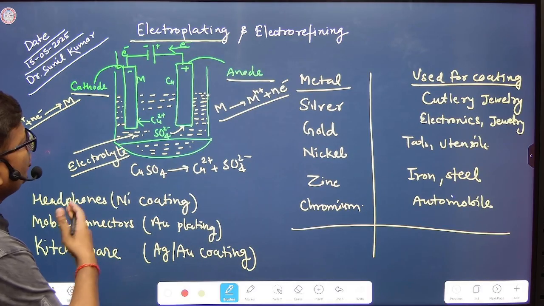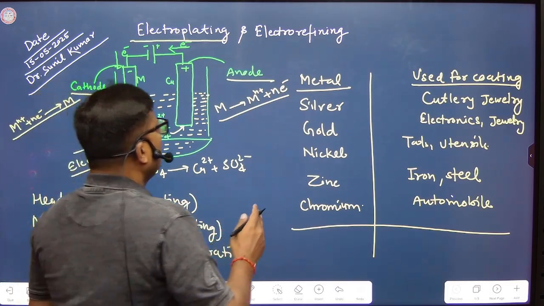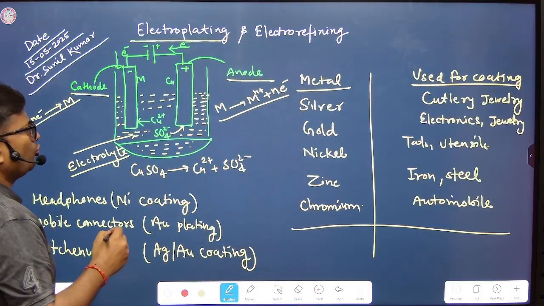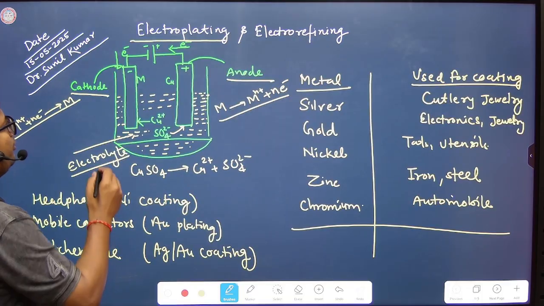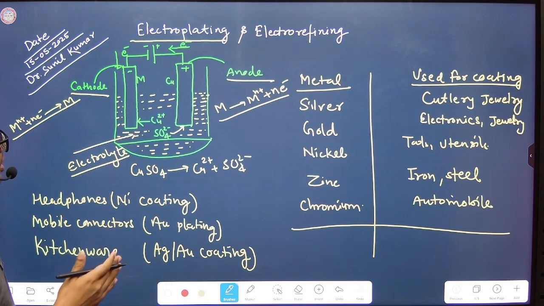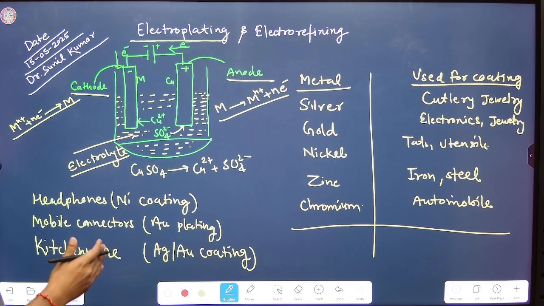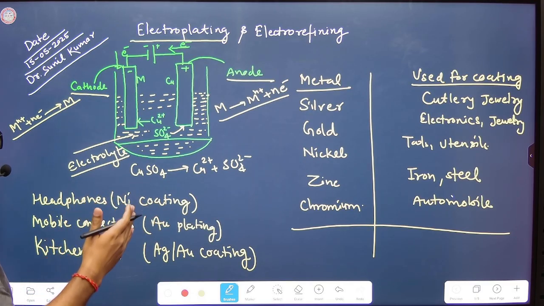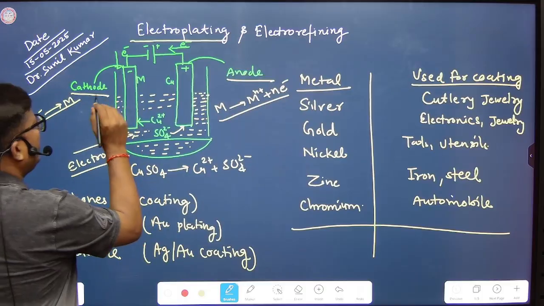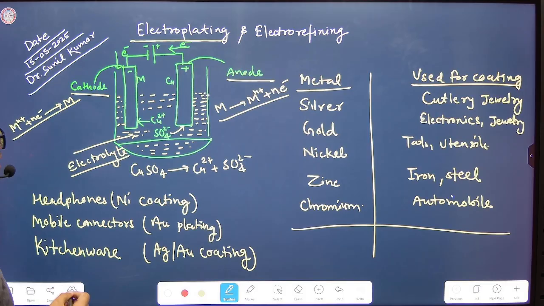So in this electrolytic cell, what happens actually? We need two electrodes. Suppose we have a metal electrode, the desired metal on which we want to coat or deposit another metal, and that acts as the cathode.